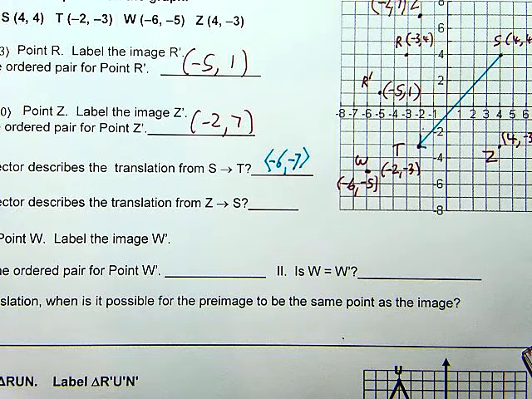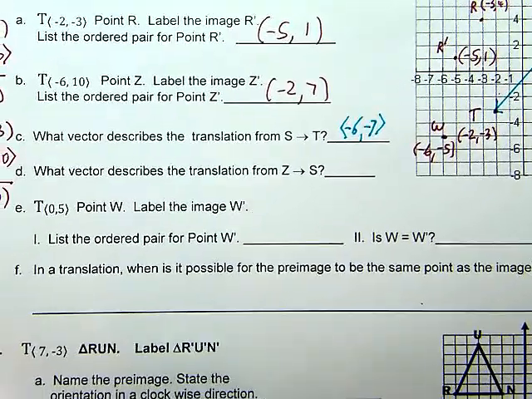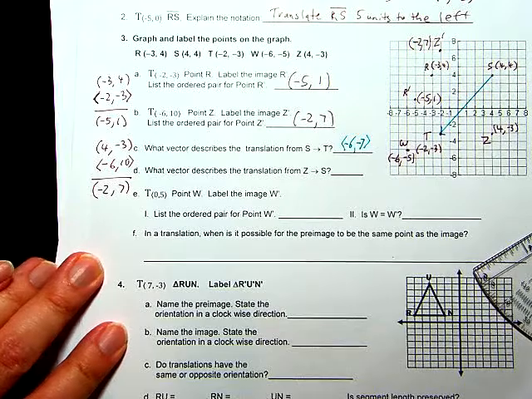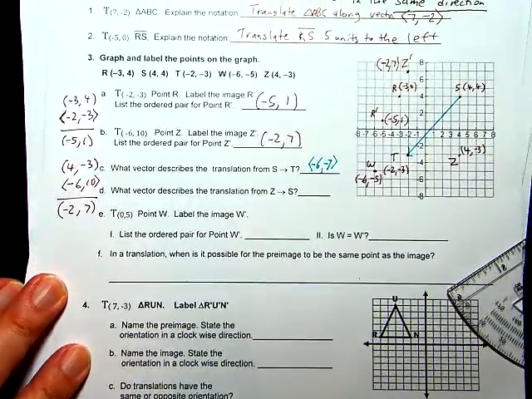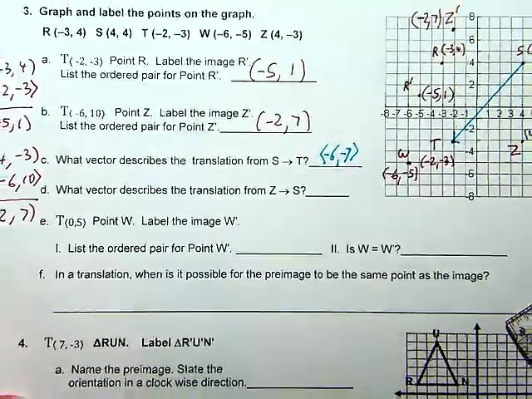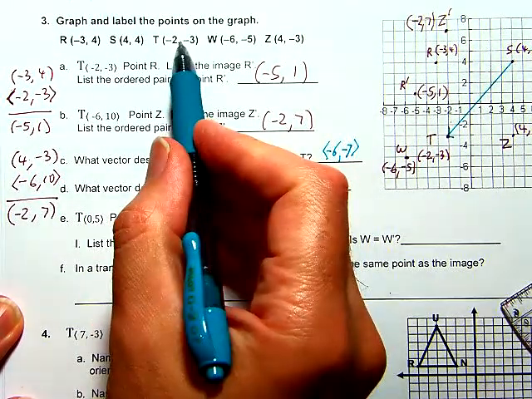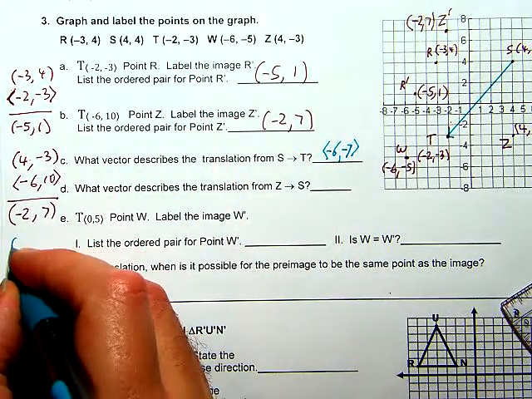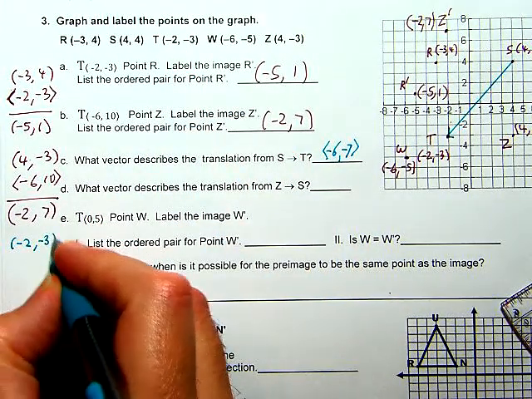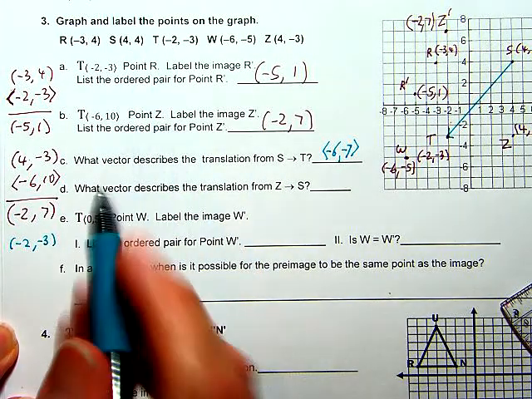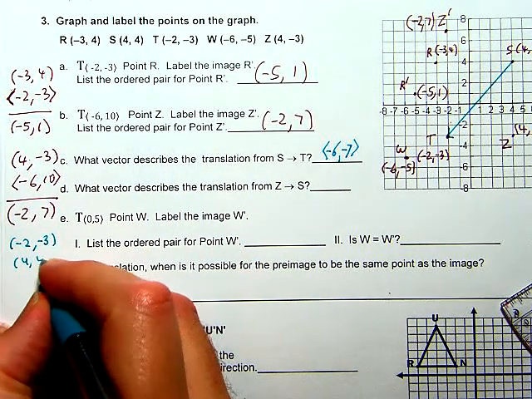Notice that this can also be gotten in another way. We're going from S to T. If we look at the value of T and then subtract from it, coordinate by coordinate, the value of S, we will get the same result. So T is (-2, -3), and S is (4, 4).